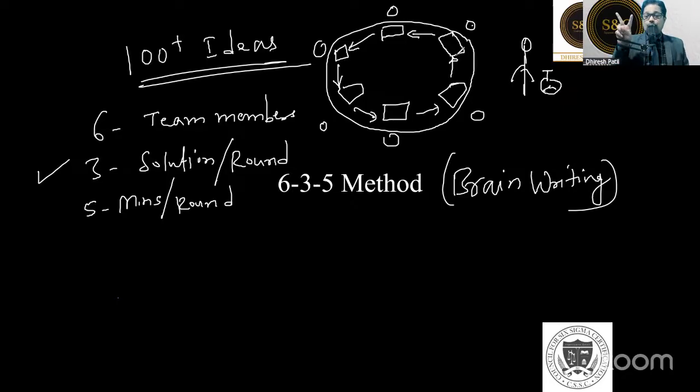When round 2 starts, either they can generate new ideas again, which should be completely new and not the previous ideas, or they can build on the 3 ideas given by the previous person on that sheet.